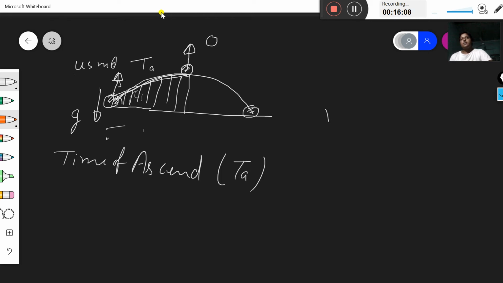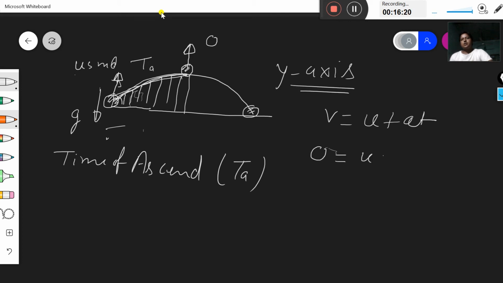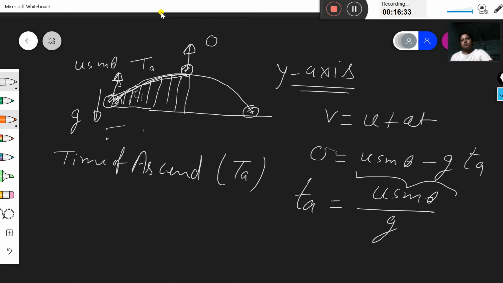So v equals u plus at can be applied along the y-axis. V final is 0, initial speed is u sin theta, acceleration is minus g, and time is Ta. So Ta comes out to be u sin theta over g.